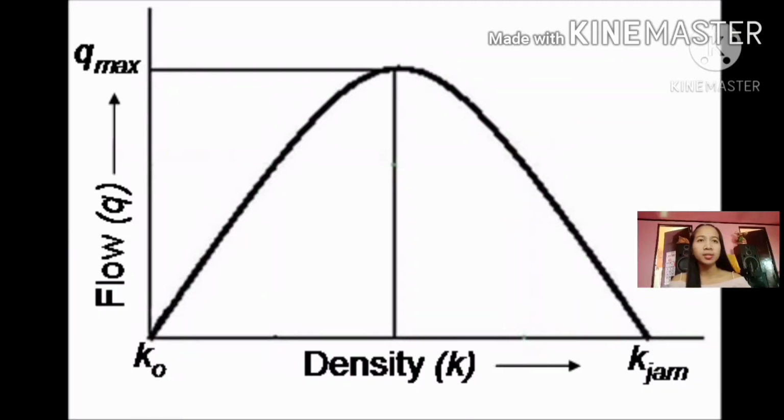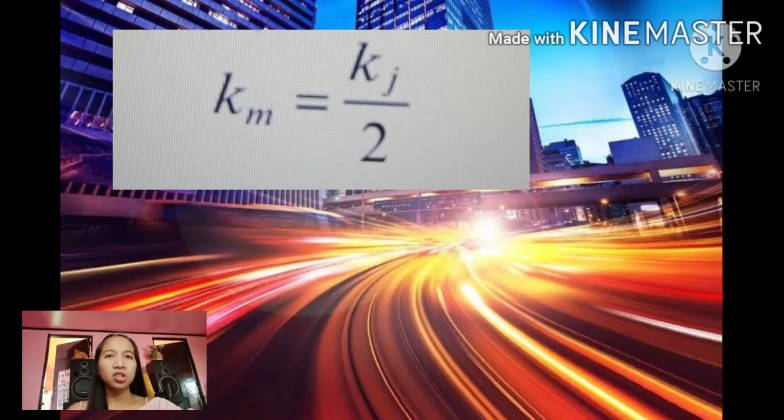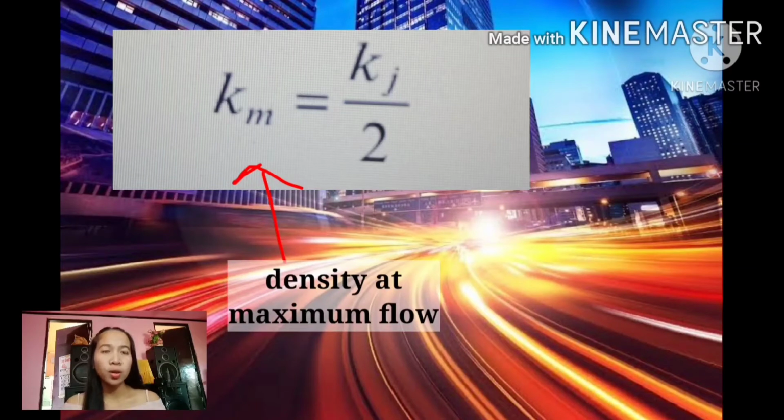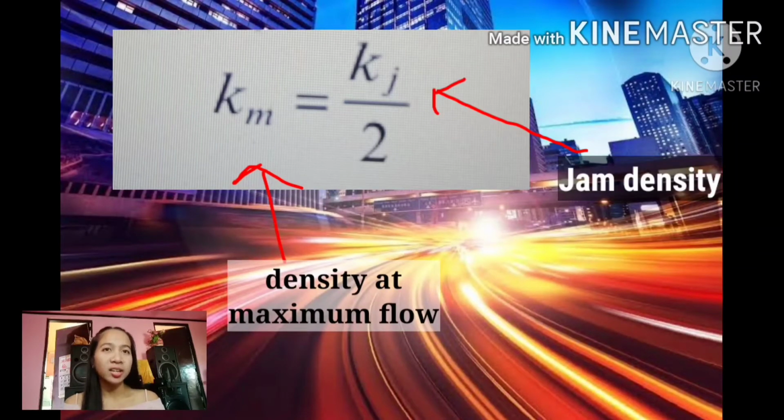According to this graph, the only time there is free flow speed is when the density approaches 0. At this relationship, the density at maximum flow has the formula Km = Kj/2, wherein Km, the density at maximum flow, is thus equal to half the jam density Kj.